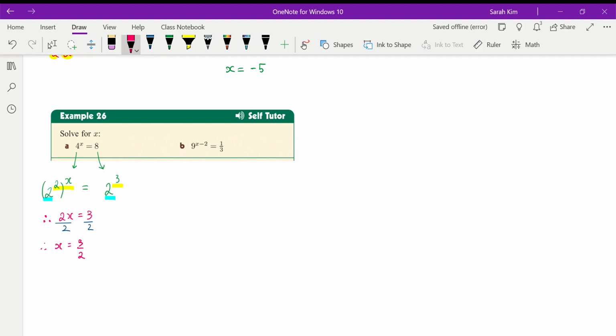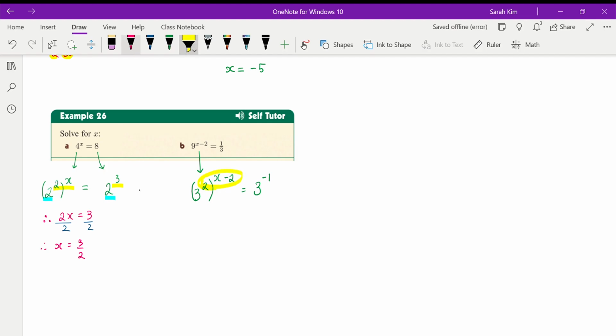Alright, let's do b. If I want to manipulate that data, I can write 3 to the power of 2 instead of 9, and then x minus 2. And in order to write 1 over 3 as a base of 3, I just flip it over the fraction sign so it becomes negative 1. I tidied this up a little bit so it's nice and ready to be manipulated.